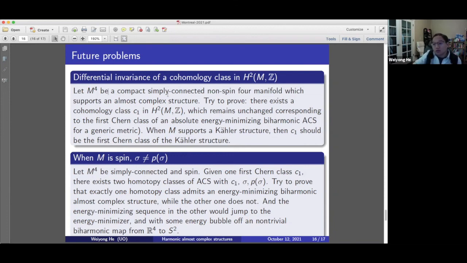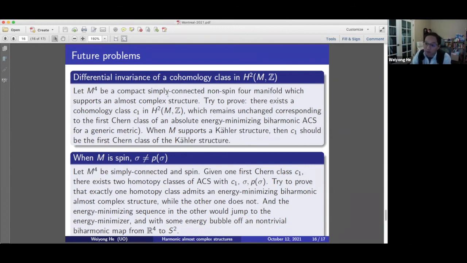In other words, you can change the metric, and then certainly the absolute energy minimizer might change, and might not be unique, modulo the homotopy classes.